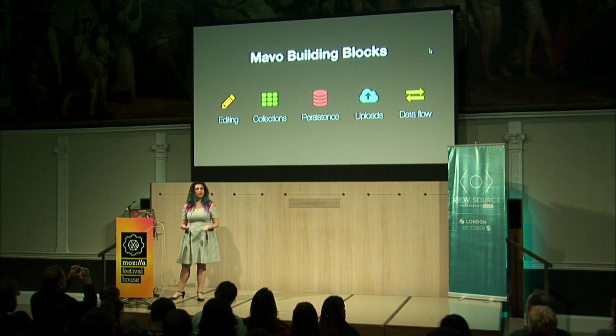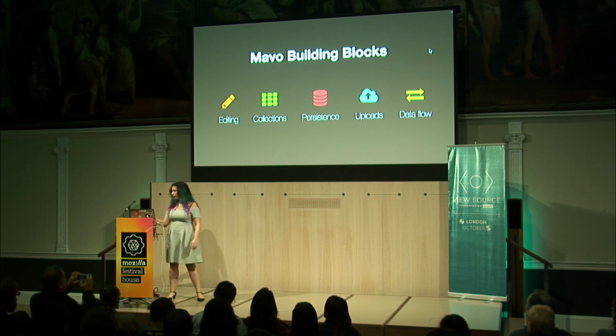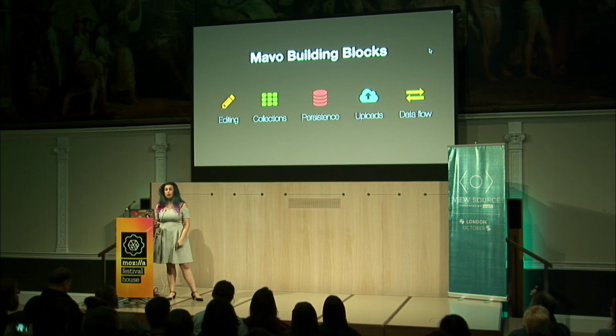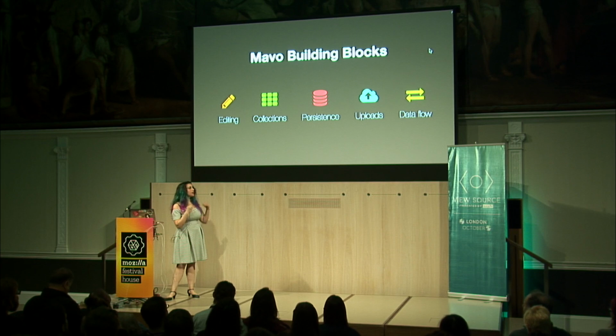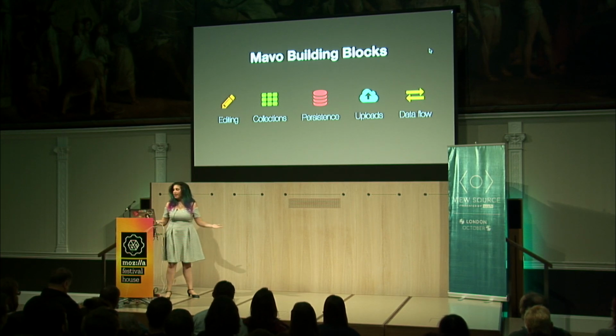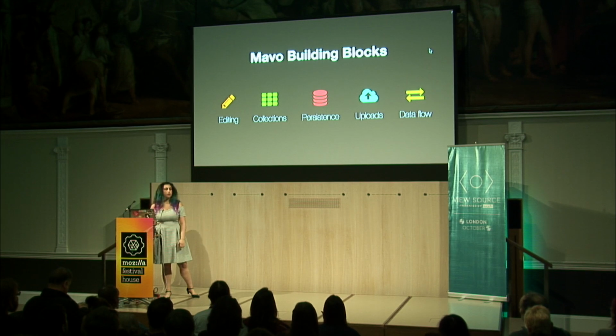Like, why is this so hard today? And not just locally in the browser, but also remotely. Uploads, like why is it so hard to make a website for a client and let them upload images right on the website? It should be much easier. Or data flow, like you have some data, you want to transform it, display it in a slightly different way.